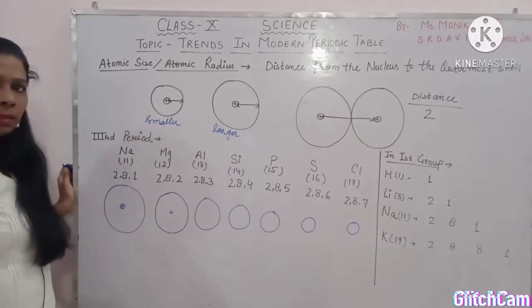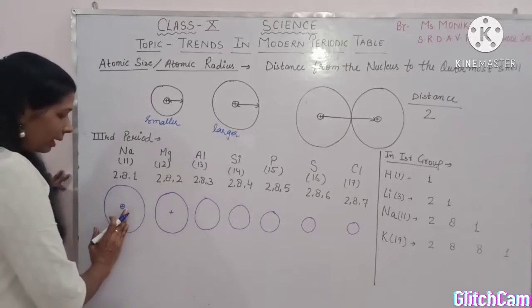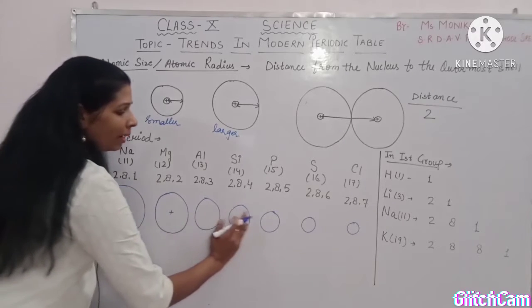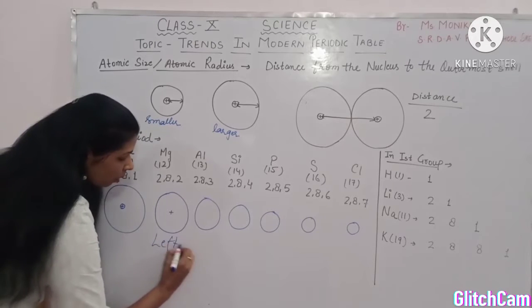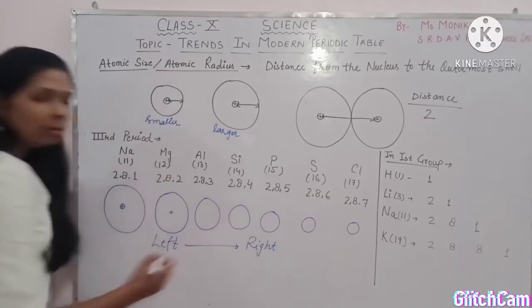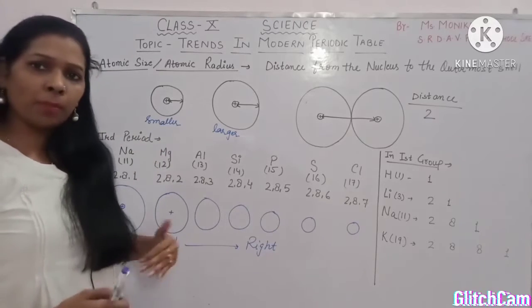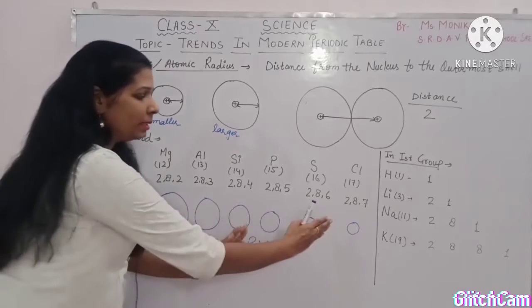So what pattern have you seen here? The pattern is that the size of the atom decreases as we move from left to right in a period. As we move from left to right in a period, the atomic size decreases.